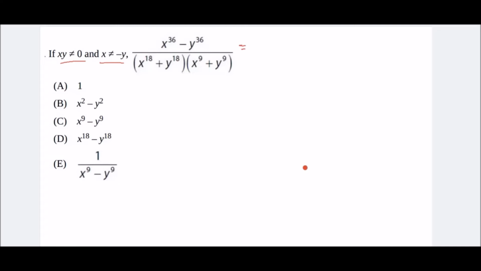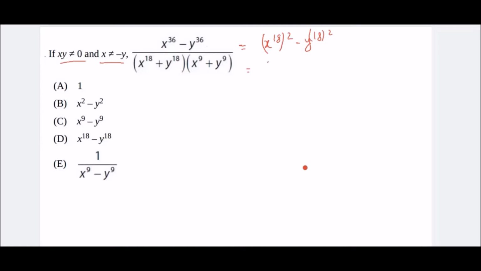See here, it is in minus form, so make it a square minus b square form: (x power 18) whole square minus (y power 18) whole square. So first we will analyze the numerator only and convert it into a square minus b square form.